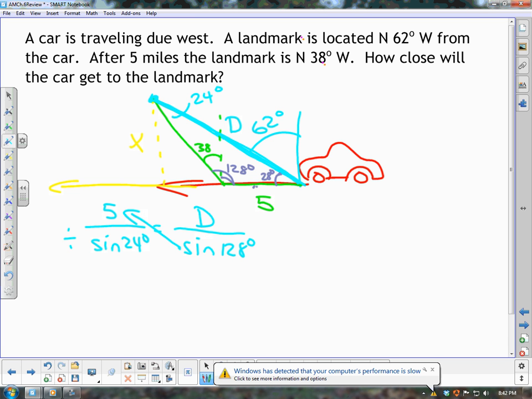And you will have d is equal to 9.686. Okay.